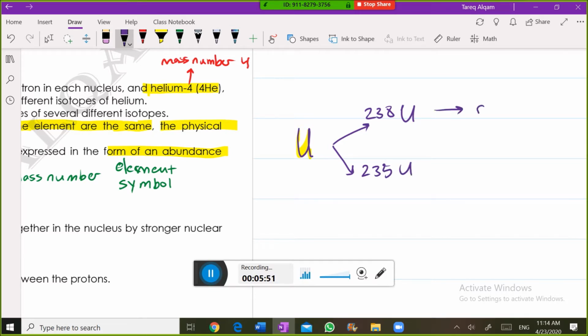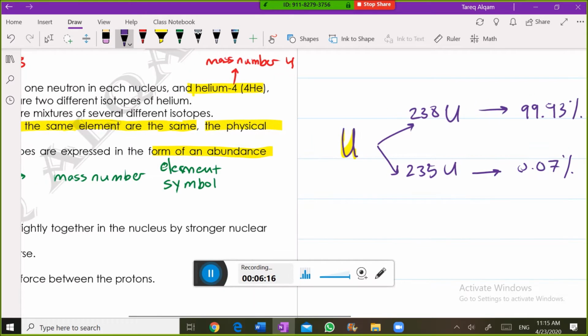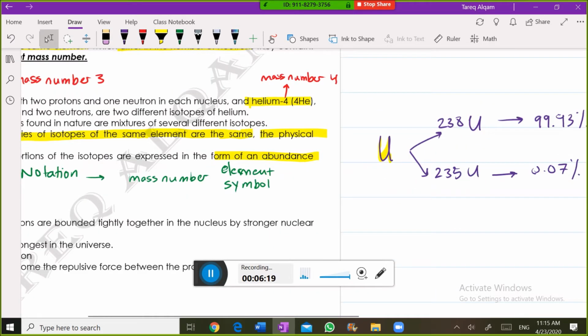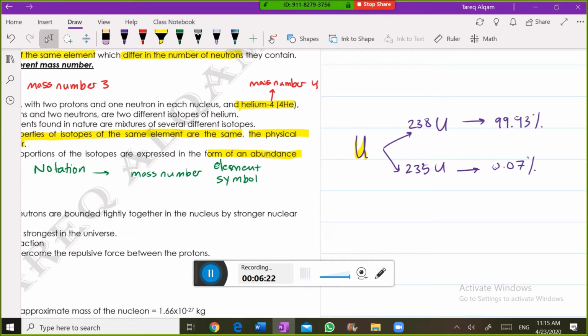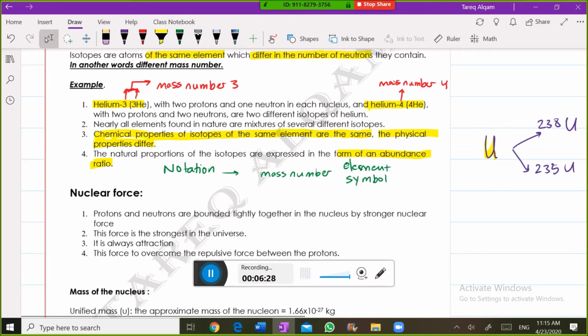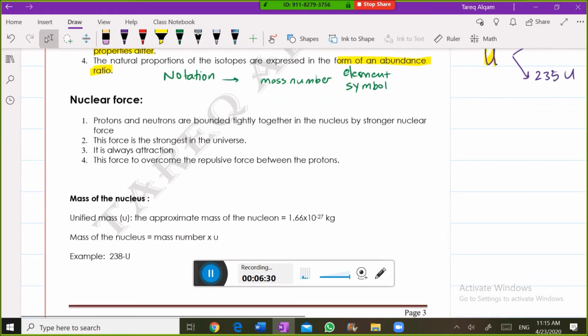The abundance ratio for 238 is about 99.93%, while the abundance ratio for 235 is around 0.07%. So in any sample of uranium, I will find 99.93% uranium 238 and 0.07% of 235. This is called abundance ratio.